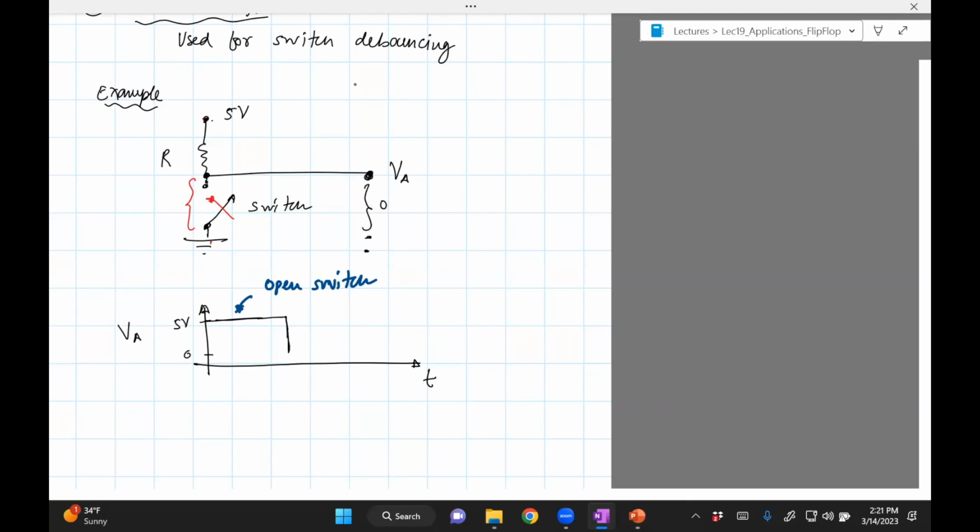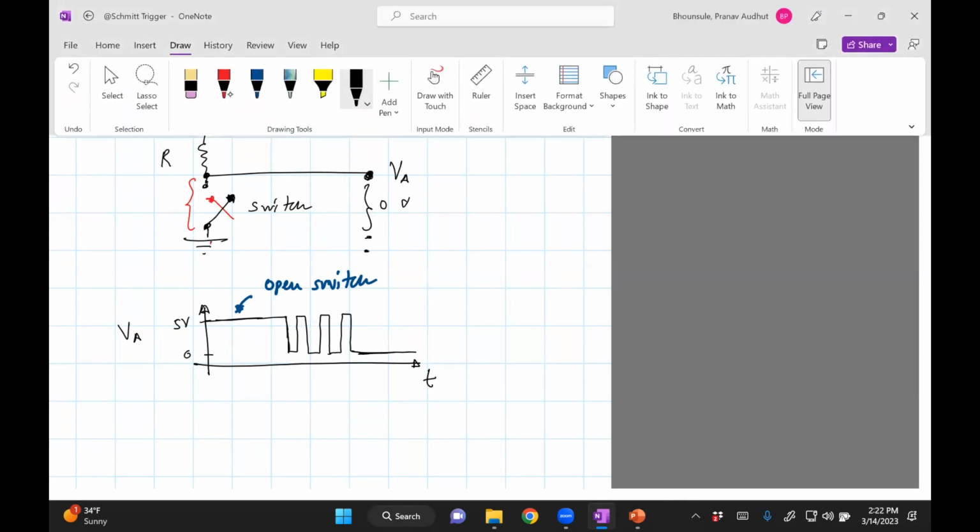So you'd expect it to go to 0, but it doesn't. It actually bounces back and forth. That's because this switch develops a contact voltage, and that basically causes the bouncing. So it goes back and forth and then stabilizes. Now this is really bad.